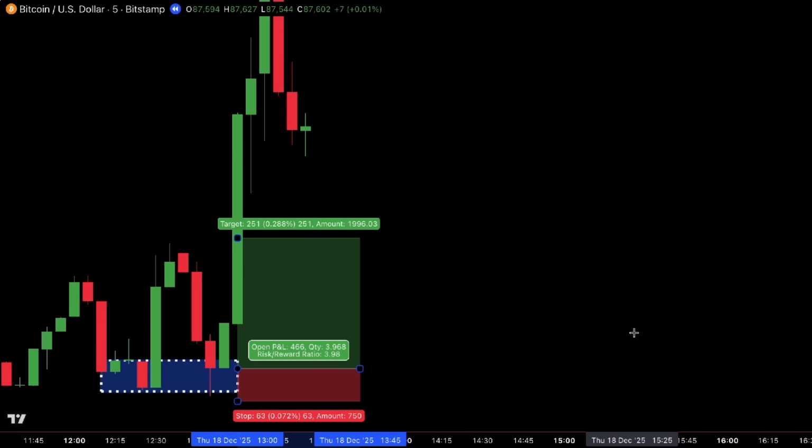In this example, after the tailed bar confirms the liquidity sweep, the market moves upward, hitting the target as expected.